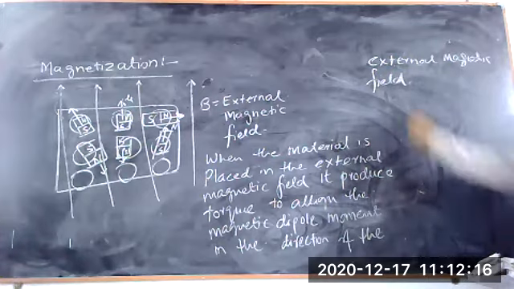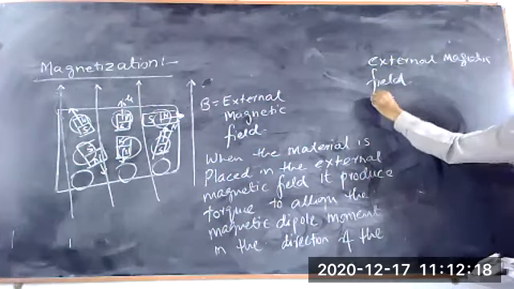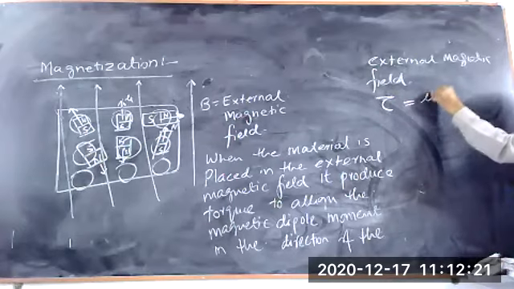So the torque tau is equal to mu cross B.